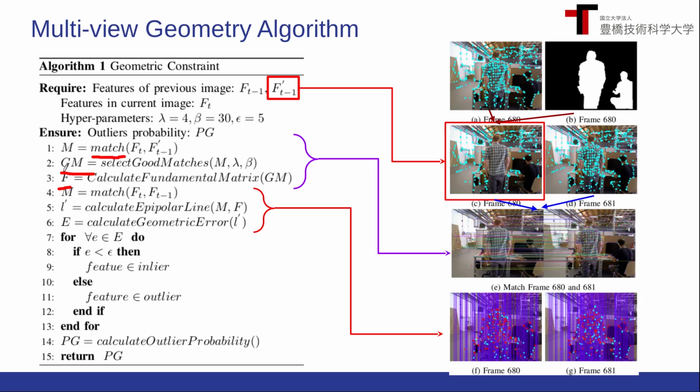This fundamental matrix is used to calculate the epipolar lines. And the epipolar lines are used to calculate the geometric error of all the matched features between the original previous image and the original current image.